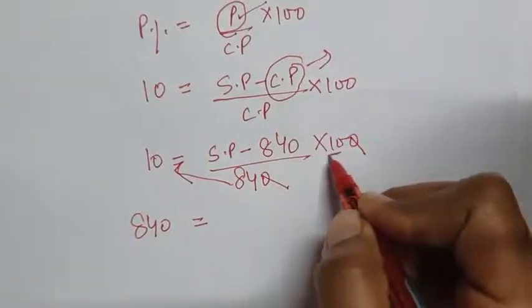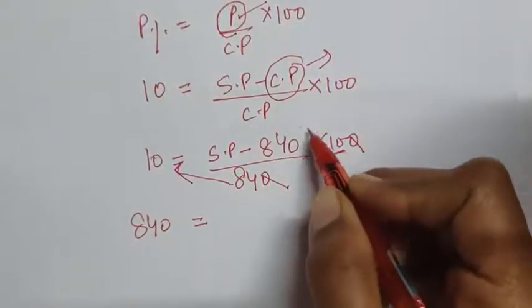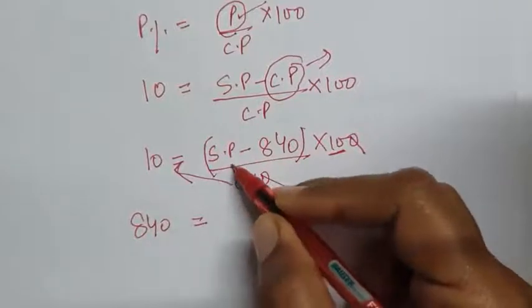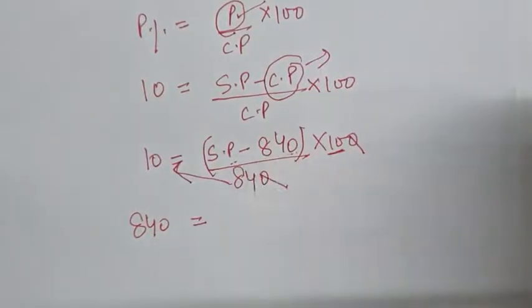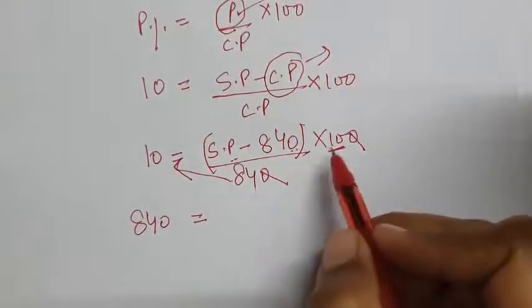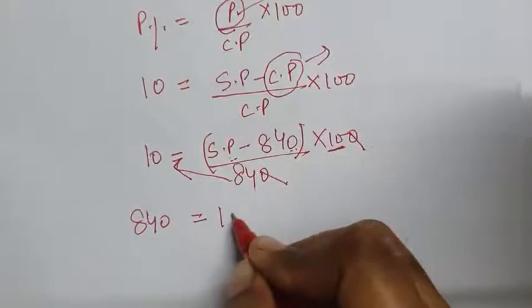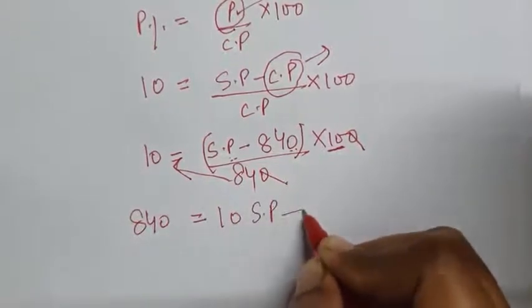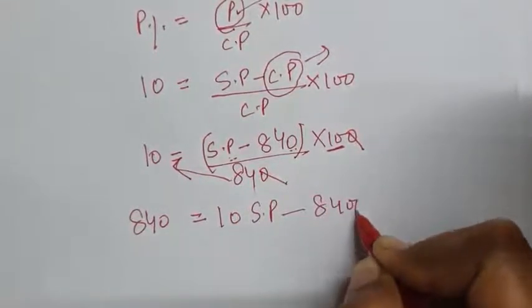Now this 10 will get multiplied with both terms, not only with 840 but with the selling price also. Clear? So 10 into selling price is 10 into selling price minus 8400.